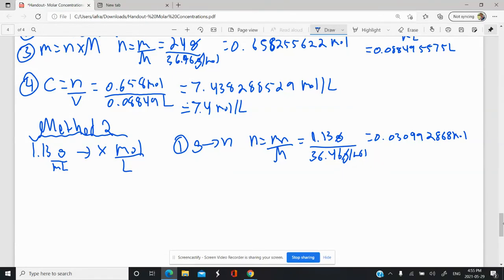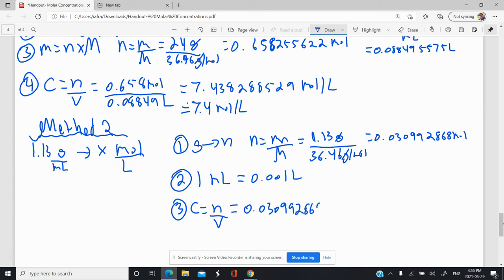And now we can do our conversion for our volume. Here we have grams per mil. So 1 milliliter is equal to 0.001 liters, right? Because that's 1 divided by 1,000. Now we can simply do C is equal to n over V, which is going to be 0.030992868 moles over the 0.001 liters.